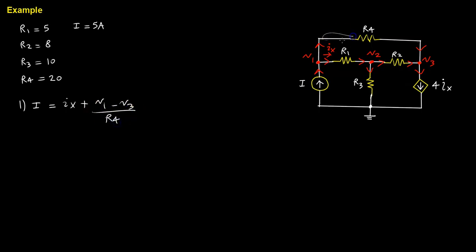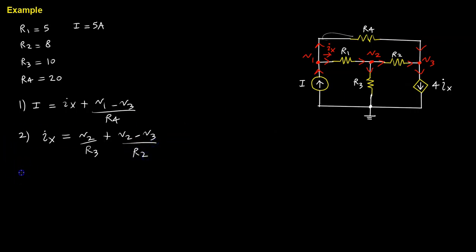That is this current. And equation 2 is going to be relating to this node 2 here, and that's going to be Ix. Let's see, Ix is equal to V2 over R3 plus (V2 minus V3) over R2.